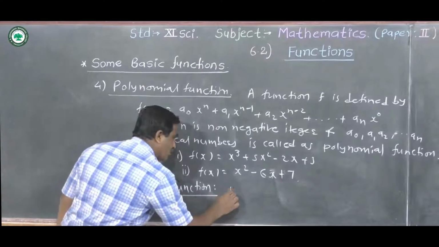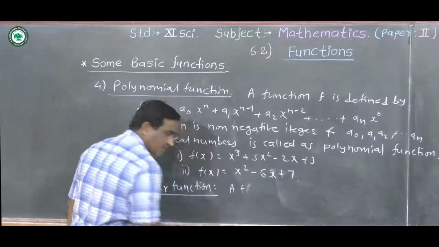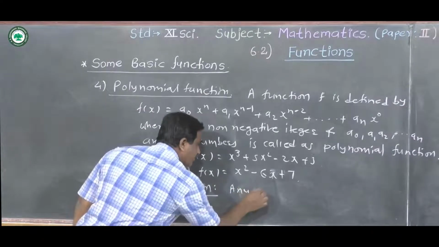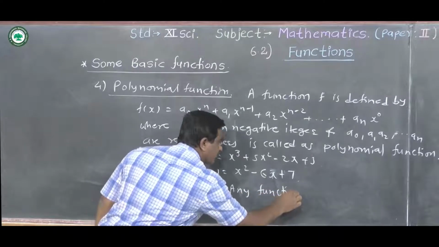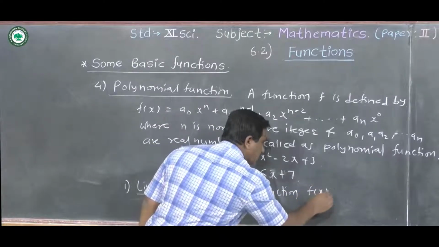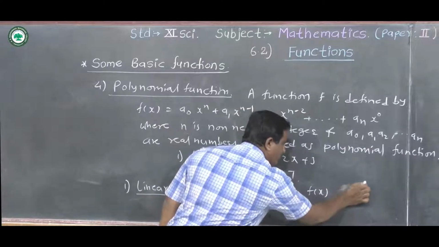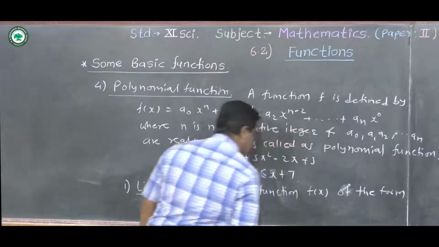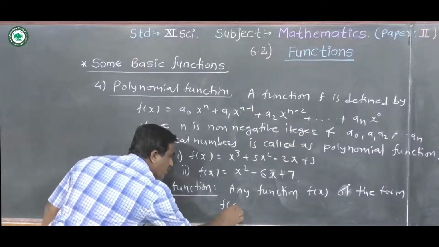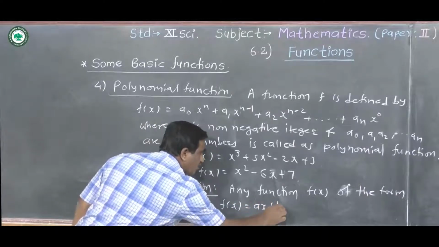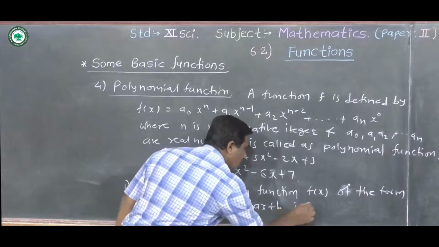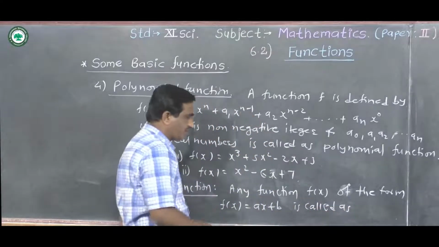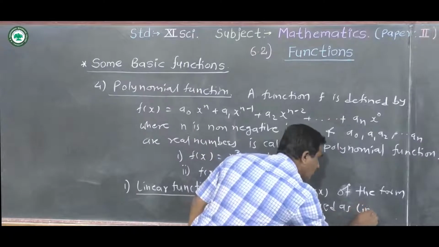Definition for linear function: any function of the form f of x is equal to ax plus b is called as linear function.